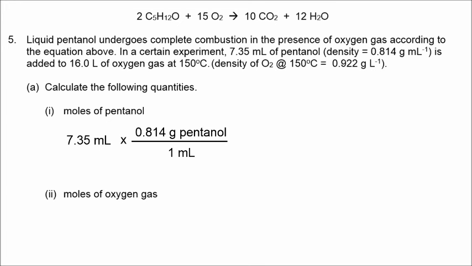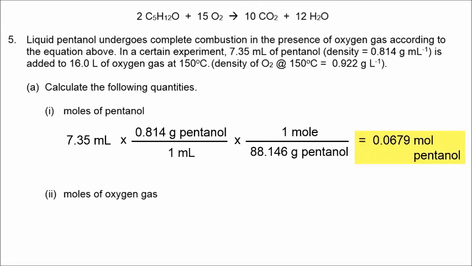And then to go from grams to moles, we put the molar mass of pentanol, C5H12O, on the bottom, and then 1 mole on top. So that calculation gives us 0.0679 moles of pentanol, and I rounded off my answer to 3 significant figures based on the volume.